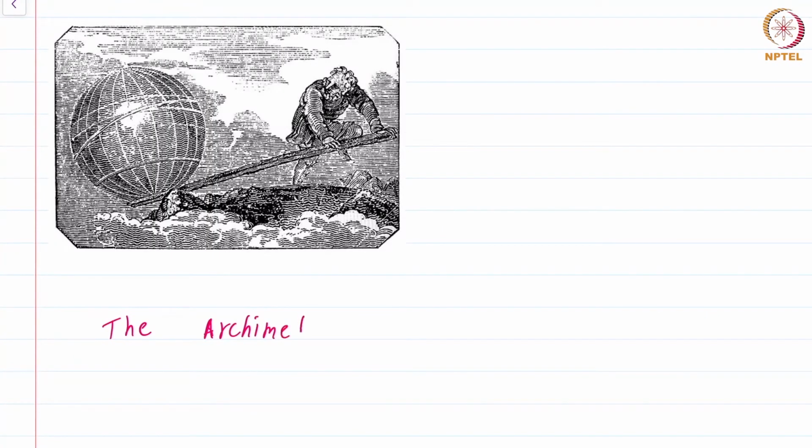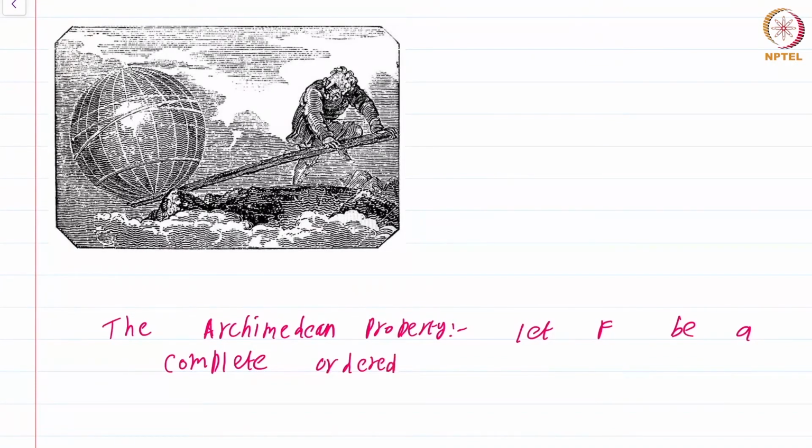The Archimedean property. Let F be a complete ordered field. Suppose x, y in F are both positive.